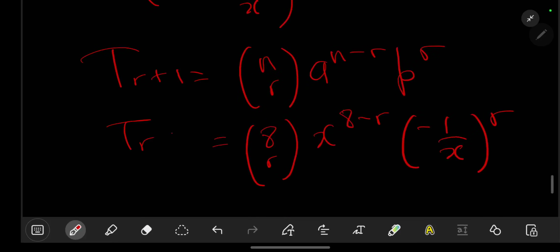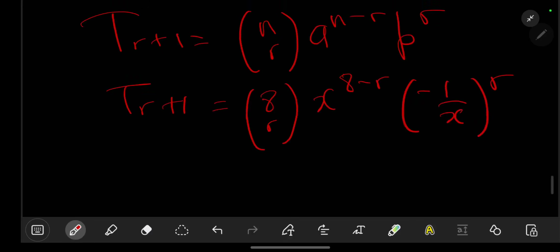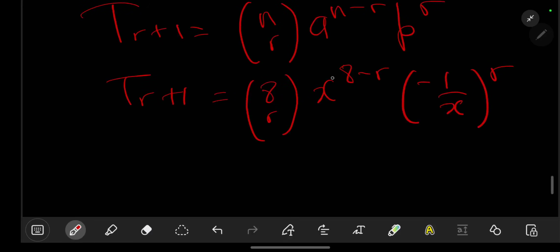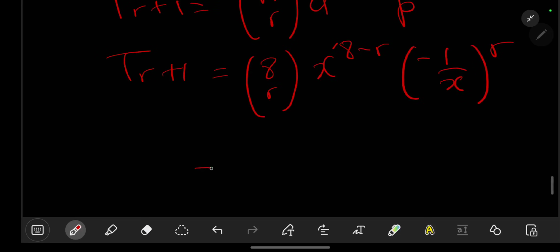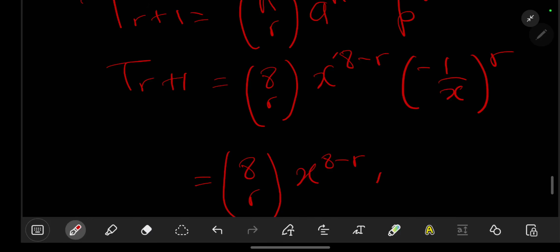Now one thing is, you want to eliminate x. So what do you do? First you split this. You are going to have your 8 combination of r, then you have your x^(8-r). Then this r can be distributed as negative 1 to the power of r. Then you have times your x. If x goes up, it will take the negative r.